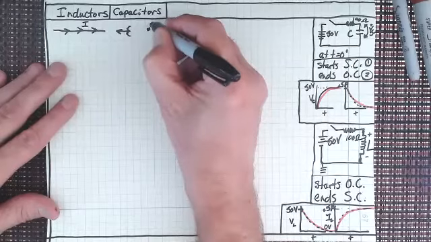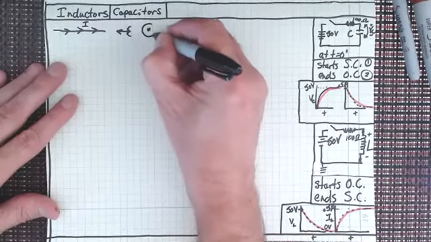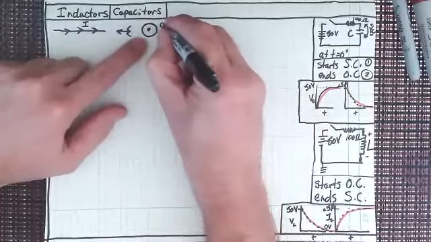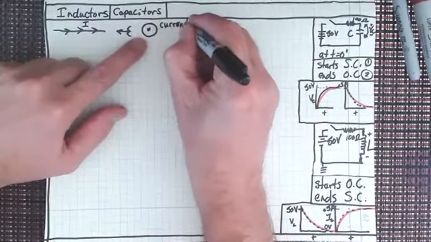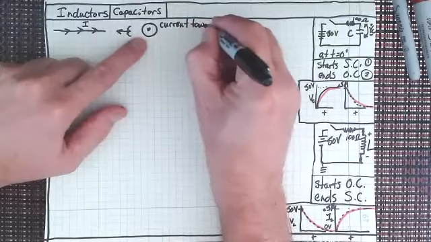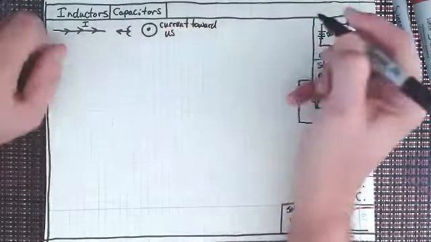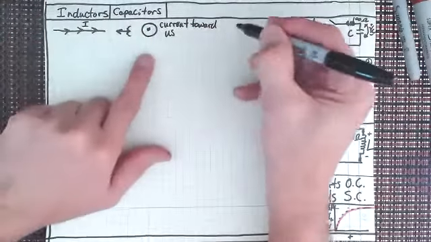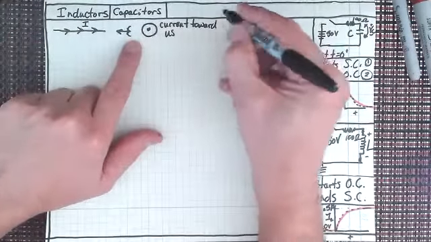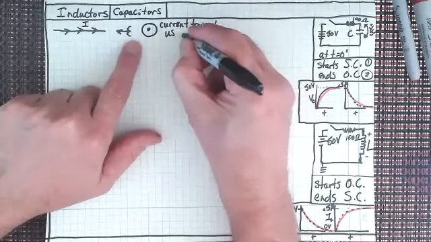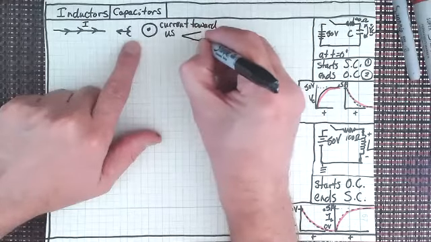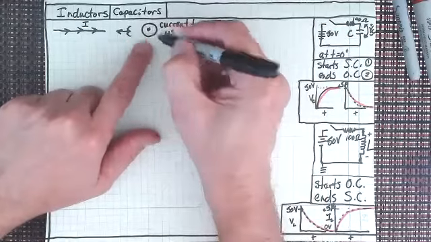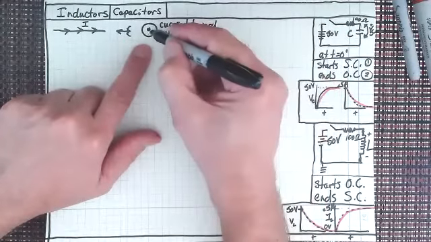If we're looking at the end of the wire and the current is coming toward us, it's drawn as the tip of an arrow. I suppose I could draw it sideways. There's my arrow, and the tip is painted black. It looks like the tip of an arrow, and it implies that the current is coming toward you.